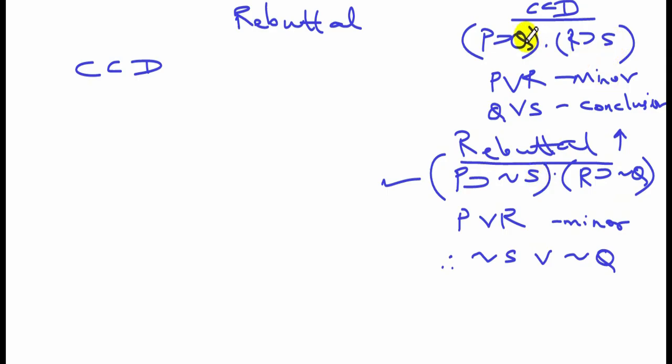S we are moving in place of Q, and Q we are transposing in place of S, of the two hypothetical propositions. The quality of the consequences is also changed. So this S becomes not S. This Q becomes not Q.